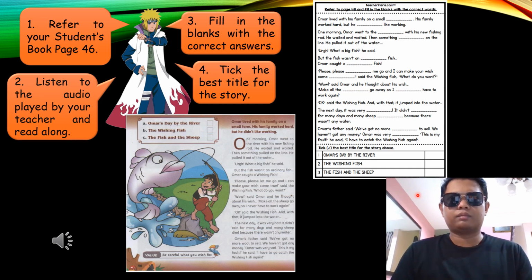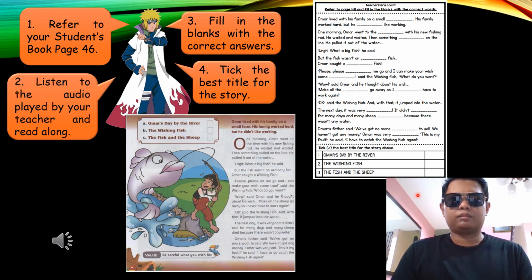He waited and waited. Then something pulled on the line. He pulled it out of the water. "Ugh, what a big fish," he said. But the fish wasn't an ordinary fish. Omar caught a wishing fish. "Please let me go and I can make your wish come true," said the wishing fish.